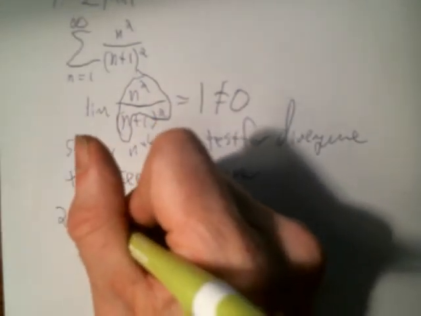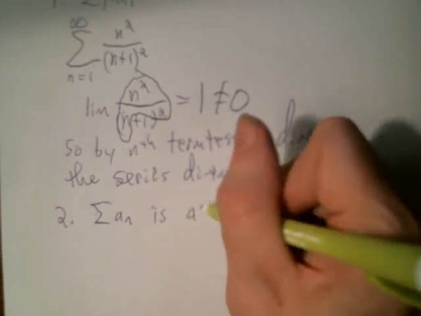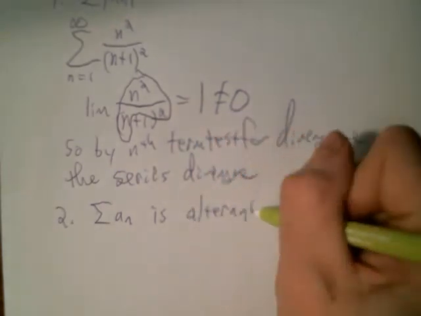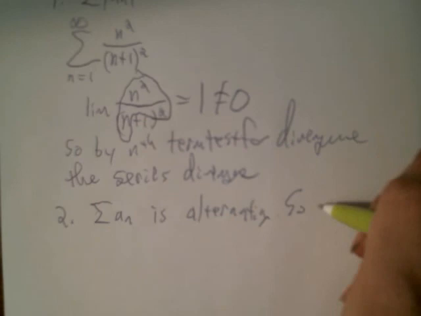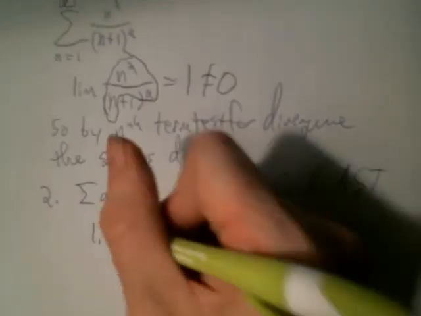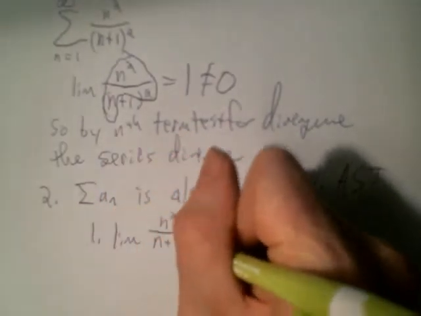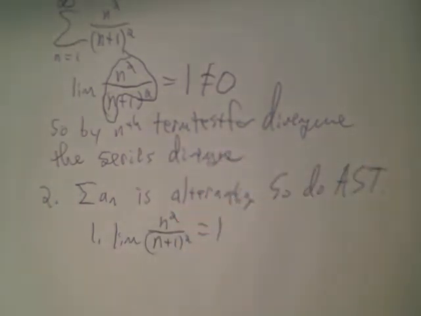Okay, so the series a sub n is alternating. So do your alternating series test. So step 1, we have the limit of the terms of this series, and again, just from above, we see that this thing won't work.